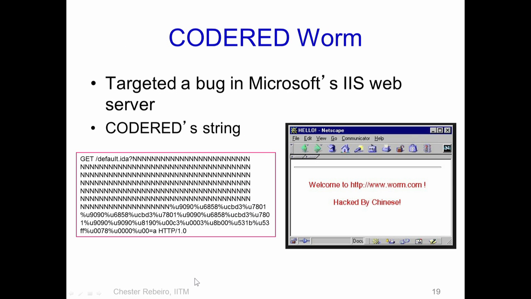The targeted application by this worm was the Microsoft IIS web server, and the string which was executed was as shown over here. So, this string was actually the exploit code which was executed, and what it resulted was something like this being displayed in the web browser.